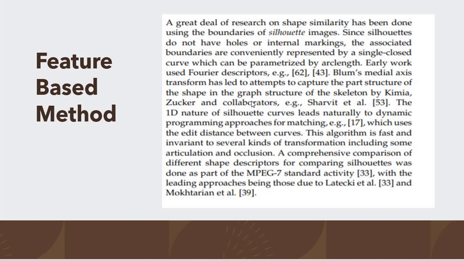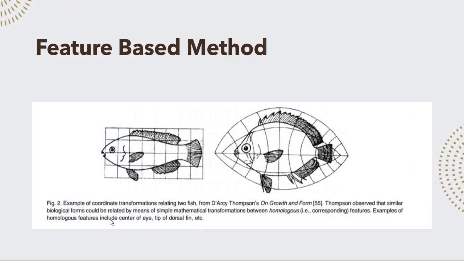To start with the feature based method, shape similarity is computed using the boundary of silhouette images. That means the silhouette images do not have any holes or internal markings. When we talk about features, we are talking about intensity, shapes, and so on.